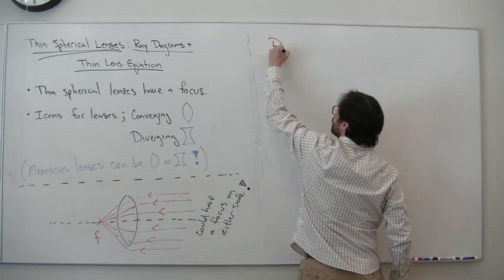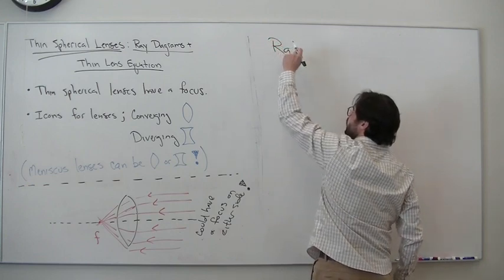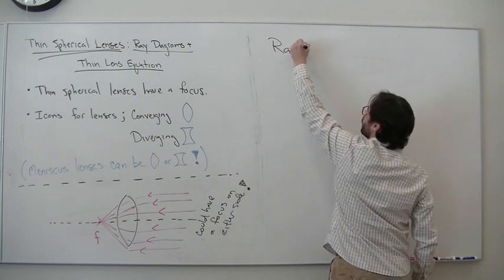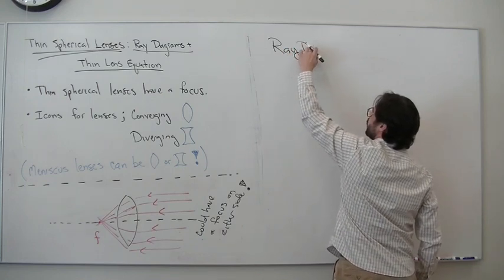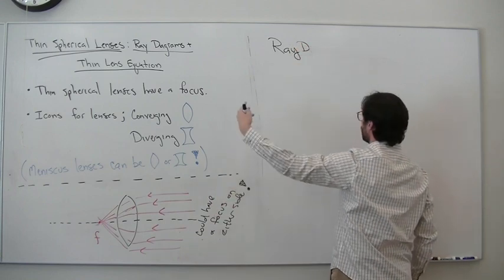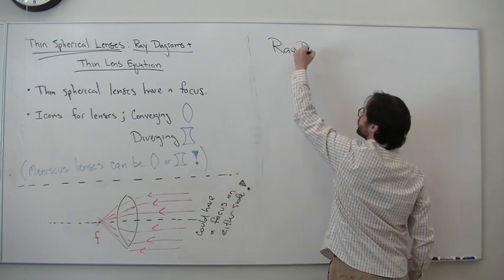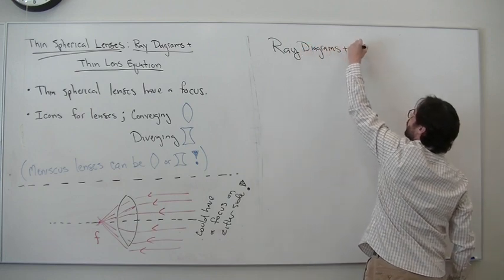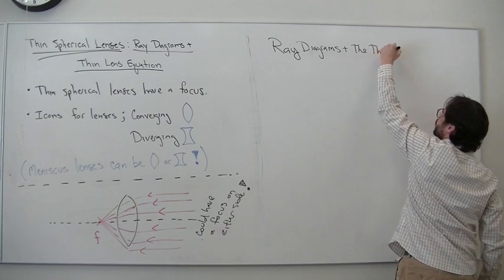So now what we want to do is basically mirror the analysis that we did for mirrors and do ray diagrams and then an equation that gives us precise numerical descriptions of where images show up and their heights, etc. So ray diagrams and the thin lens equation.